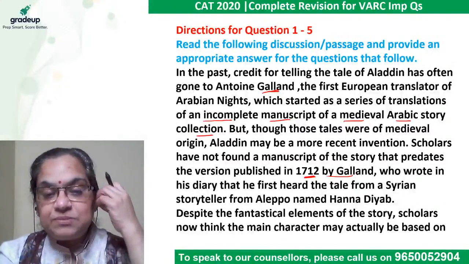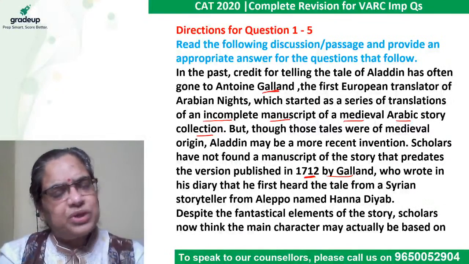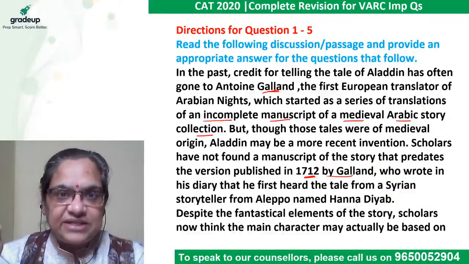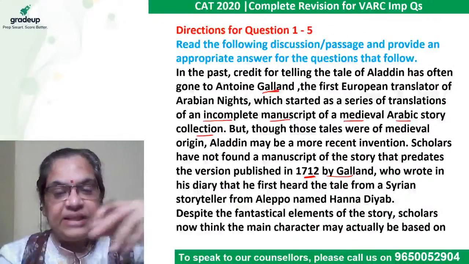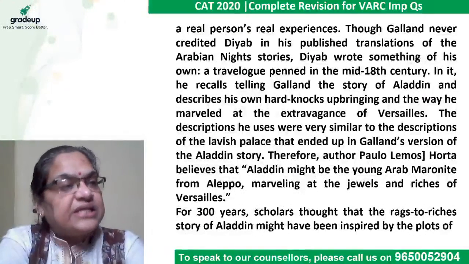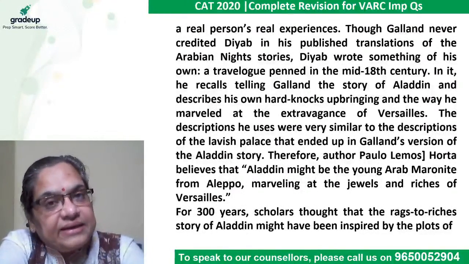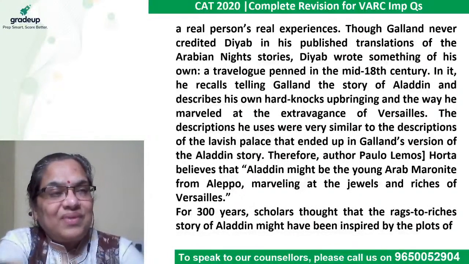Next, despite the fantastical elements of the story, a lot of parts of the story have fantastical elements, nothing very realistic. But scholars feel that the main character may actually be based on a real person's real experiences. That Aladdin may be an actual, real existing character with real experiences.